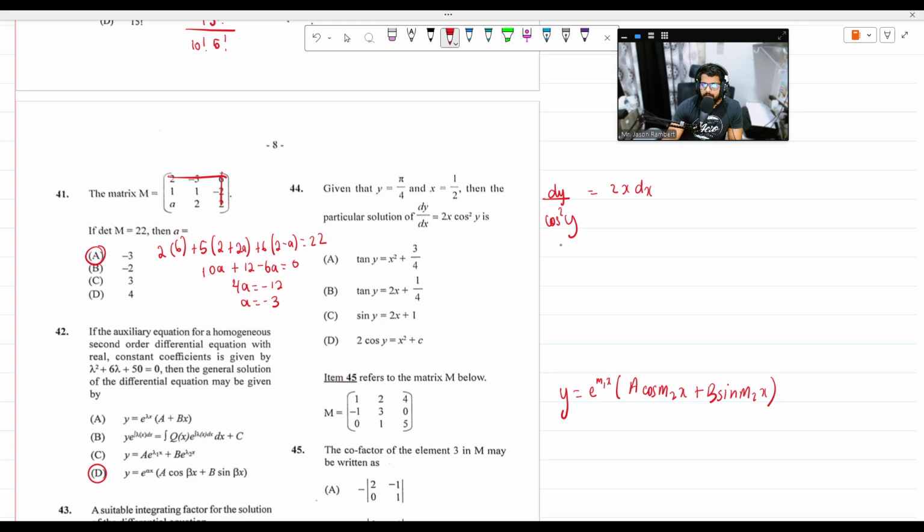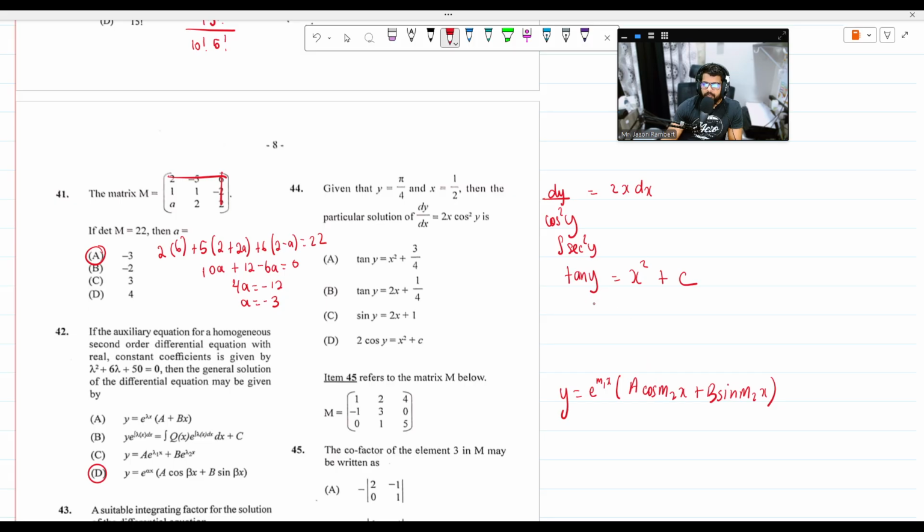When I'm integrating, 1 over cos squared is the same as integrating sec squared y, which is tan y, is equal to 2x squared on 2, which is going to give me x squared plus c.